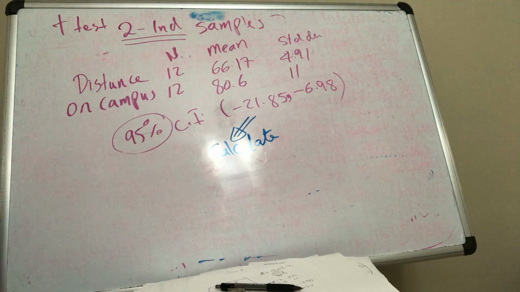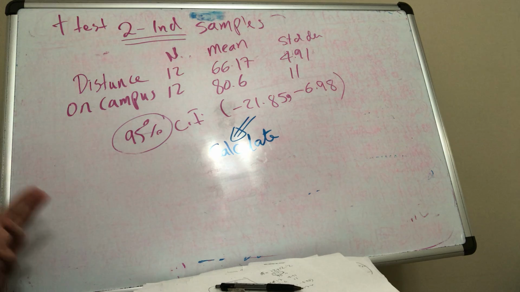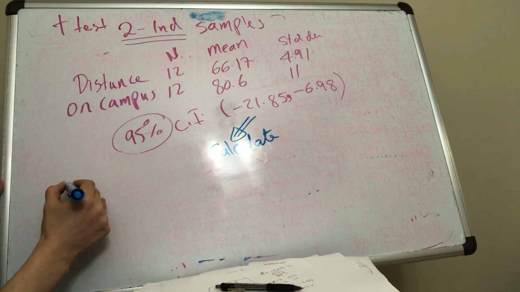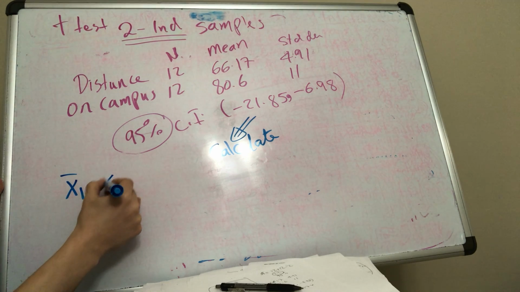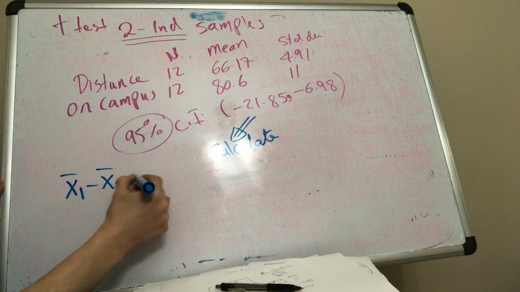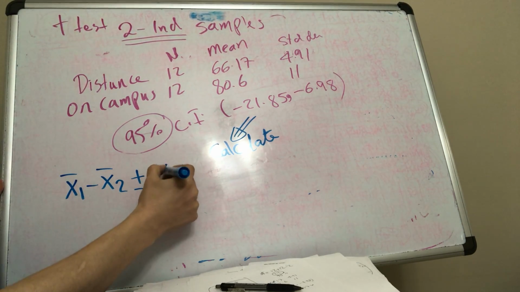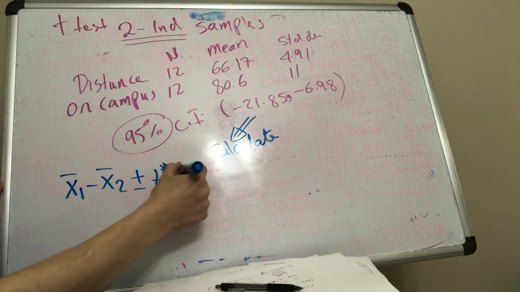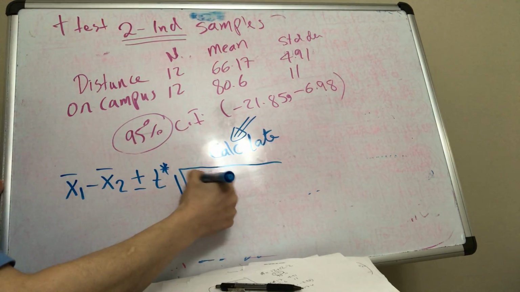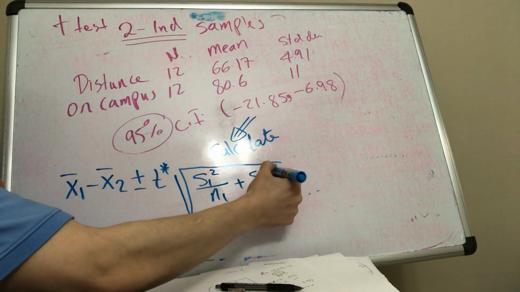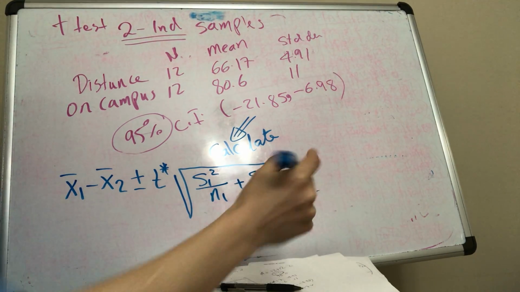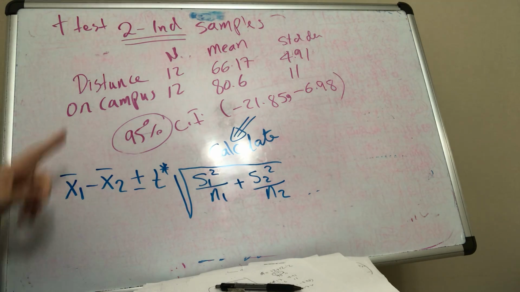Now, to calculate this, the formula that we use is average of group 1 minus average of group 2 plus or minus T star times the square root of standard deviation 1 squared over n1 plus standard deviation 2 squared over n2.